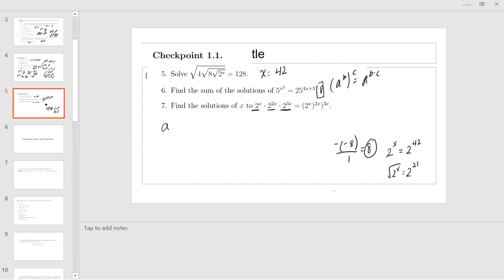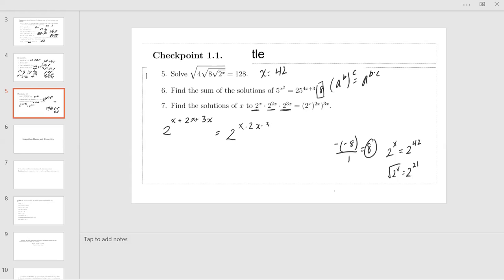So this left-hand side would just be a to the x plus 2x plus 3x, where a is 2. And then on the right-hand side, we have 2 to the x times 2x times 3x. Because remember, when we take a to the b, the whole thing to the c, we have a to the b times c.